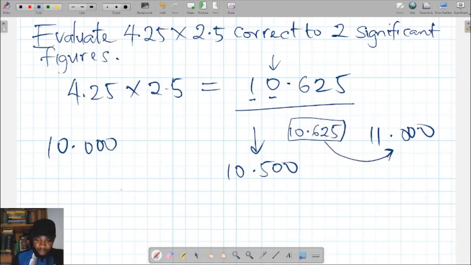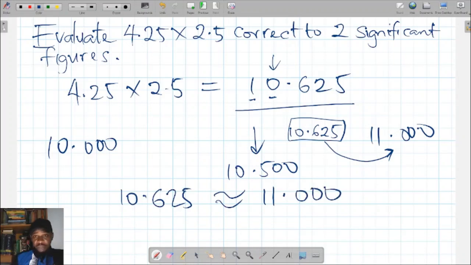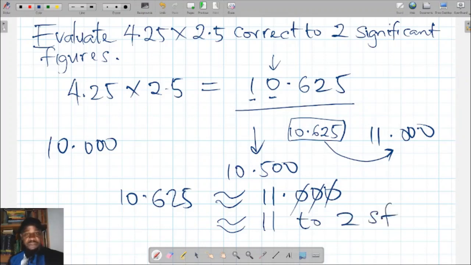So we'll say 10.625 is approximately equal to 11.000. But since we are told to leave it to two significant figures, you can conveniently remove all the trailing zeros to say it's approximately equal to 11 and write two significant figures.